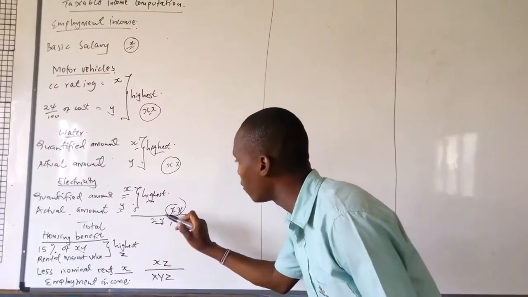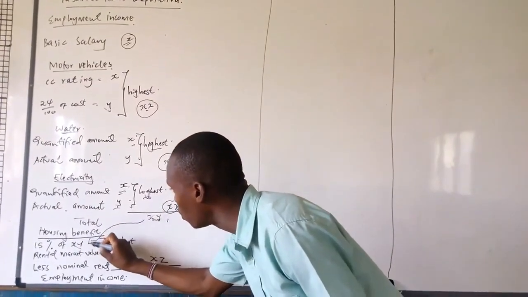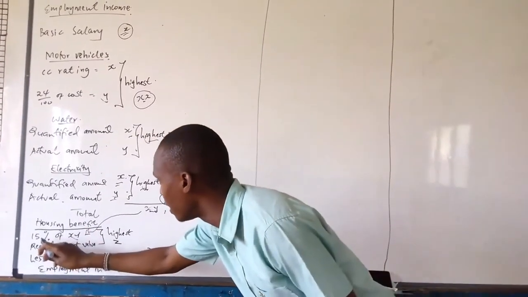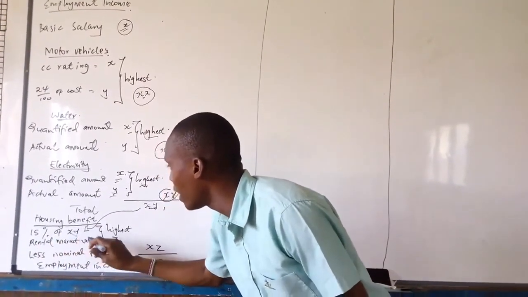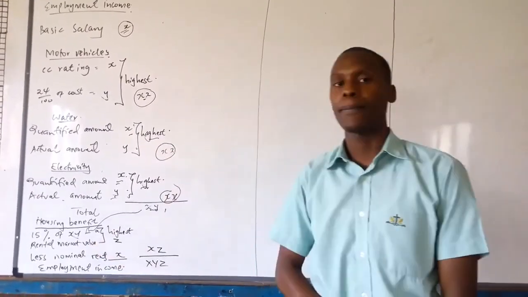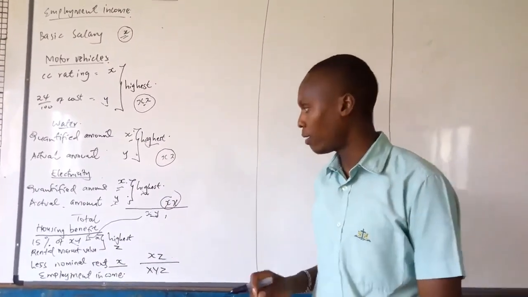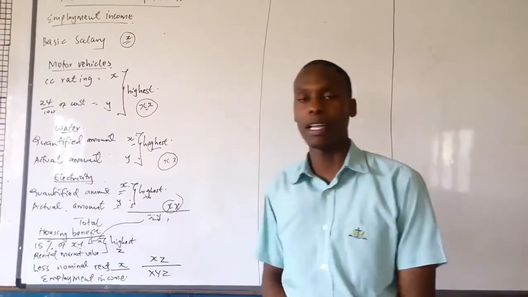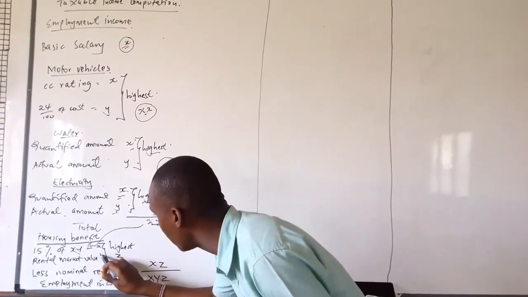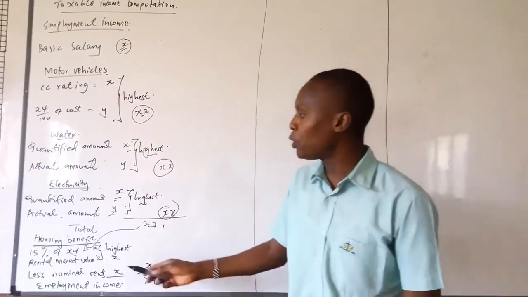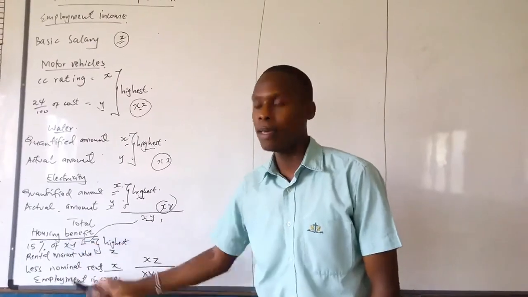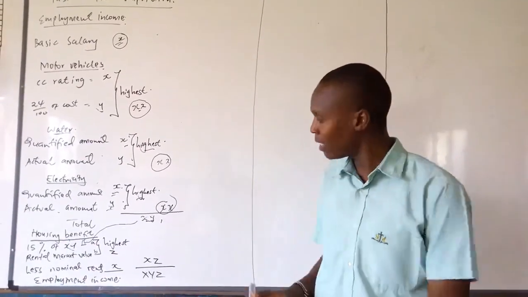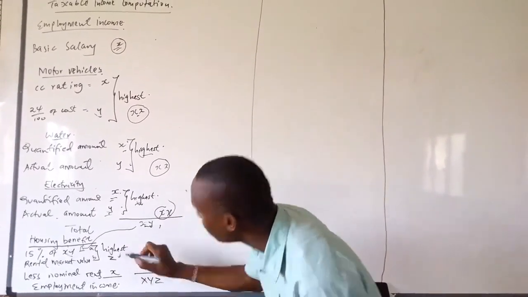So assume that the 15% of the XY, for example, is A. Then that question will have the value of the rental market value, which, for example, I assume is B. Between the 15% of the XY and the rental market value, I will pick the highest, and in my case, I name the highest as Z.